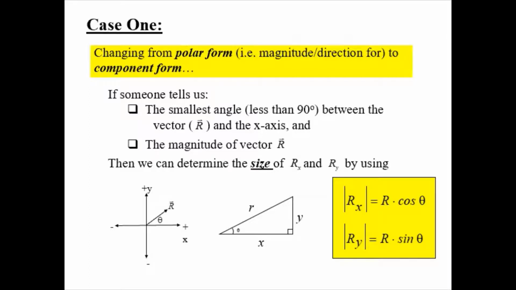Polar coordinate form is more the kind of form of a vector that a meteorologist uses. If the meteorologist is going to tell you the velocity of the wind, they don't generally say, oh, the velocity of the wind today is 4 to the east plus 5 to the north. They usually will say something like, the winds are out of the northeast at 25 miles per hour.